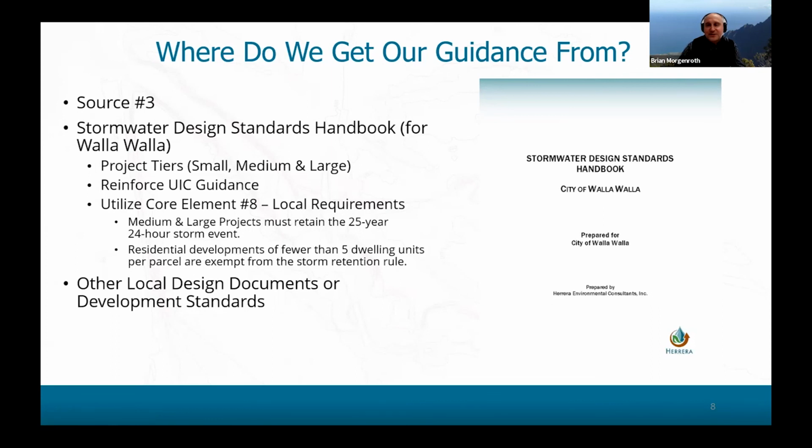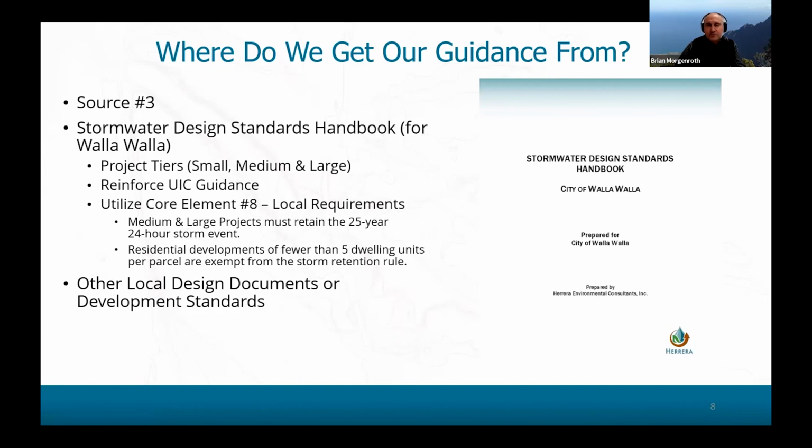And then the other thing that I wanted to mention was just any other local design documents or development standards that you may have out there. One of the things that we're looking at for our handbook is a revision. It was last revised in 2018. And some of the things that we're looking at doing, which I would encourage you to do as well, is make it really simple for the proponents to find out what their requirements are.